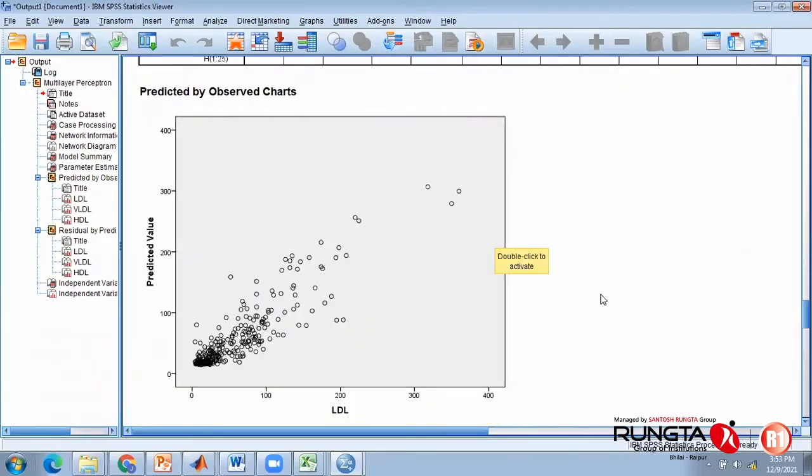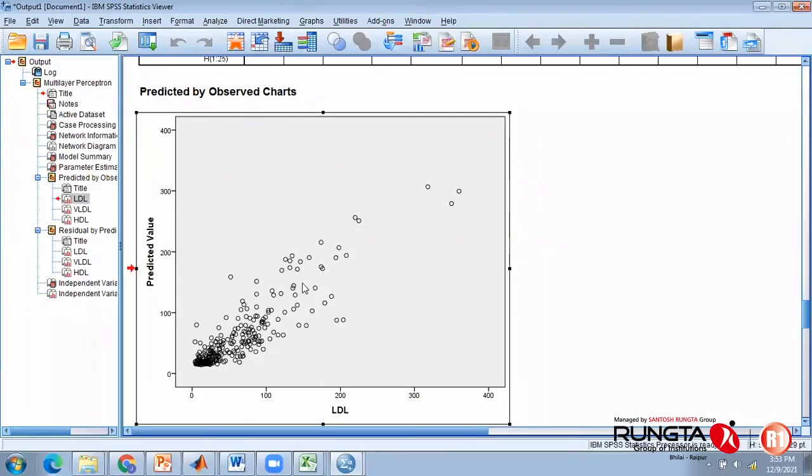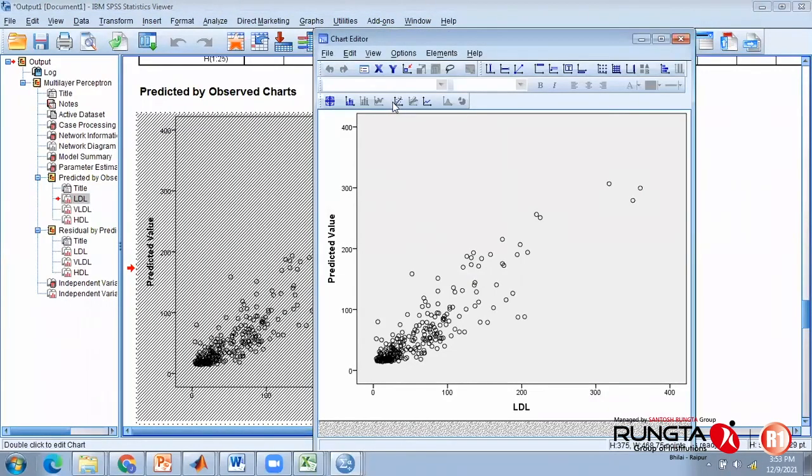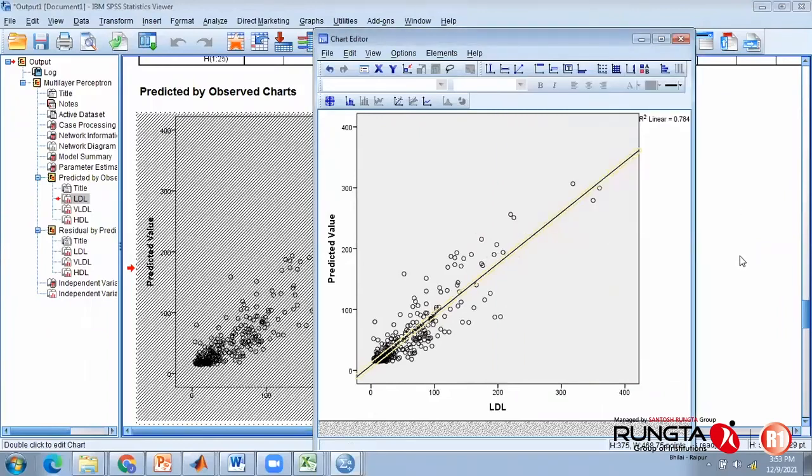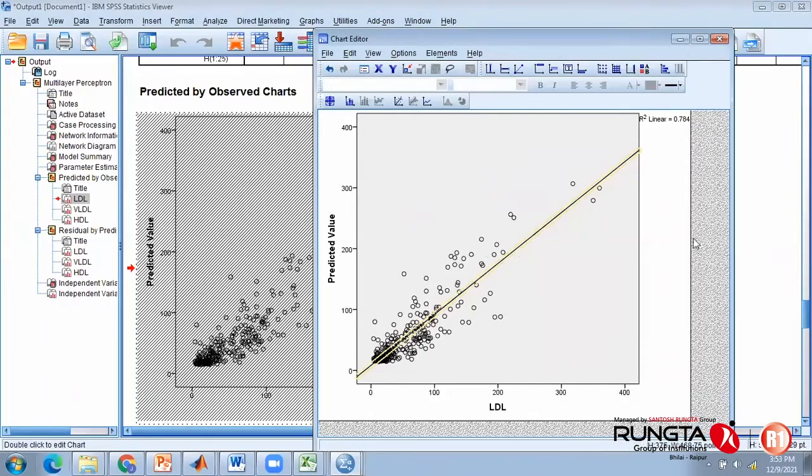Now, prediction. As I rightly said, if you would like to get an R square value directly, MATLAB can directly print it, but in case of SPSS, we cannot get it. So what we need to do is process this chart, double click on this, and fit a base fit line, and then you will get an R square. So R square in this is 0.784.